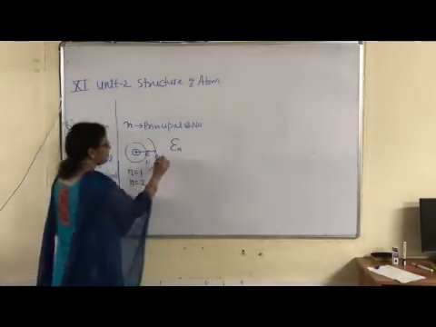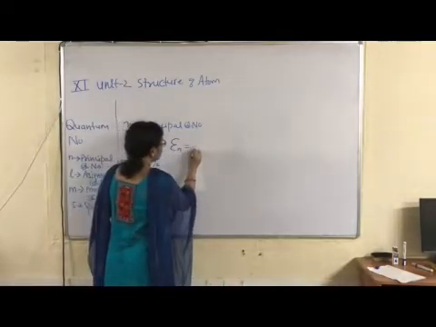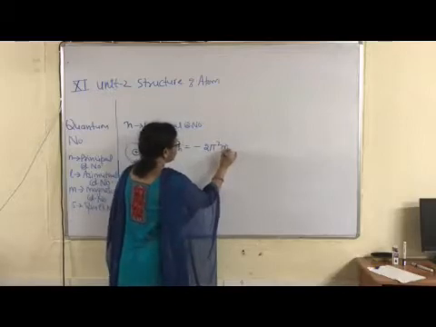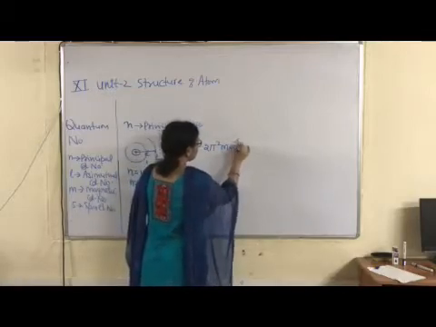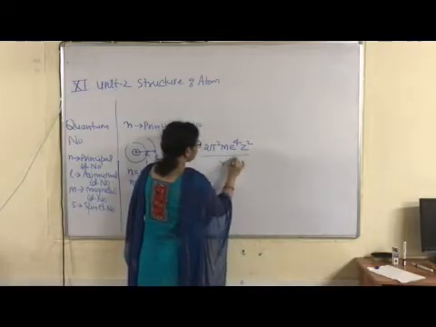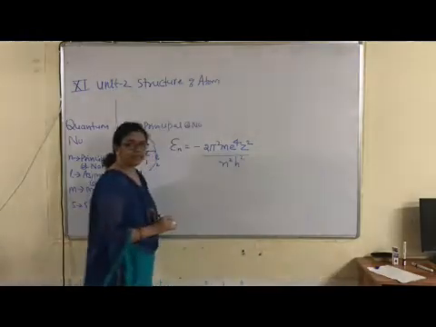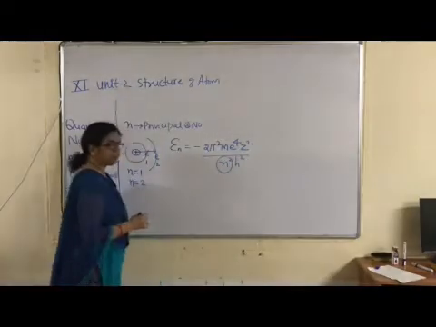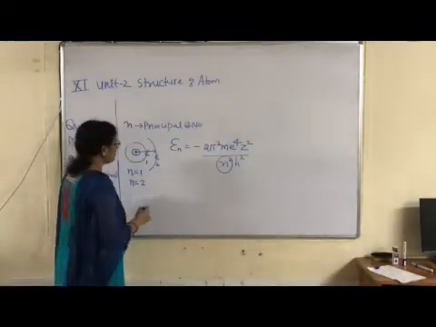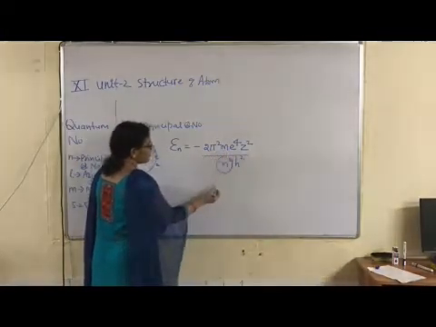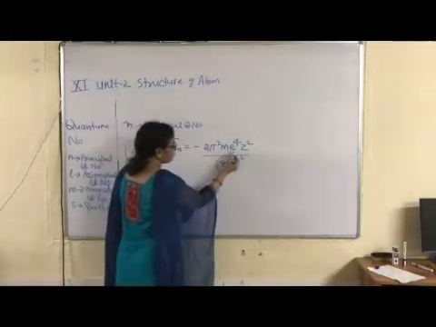According to this formula, En is equal to minus 2 pi square m e raised to the power 4 z square upon n square h square. Which term is the principal quantum number? This n is the principal quantum number. Children, if n is equal to 1, and m is a constant, the mass of the electron, and e is the charge of the electron.